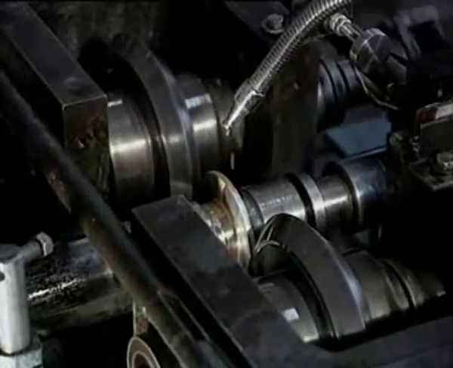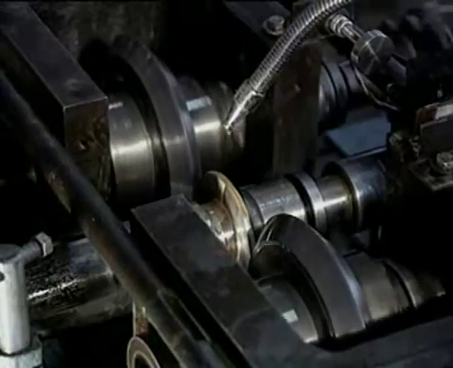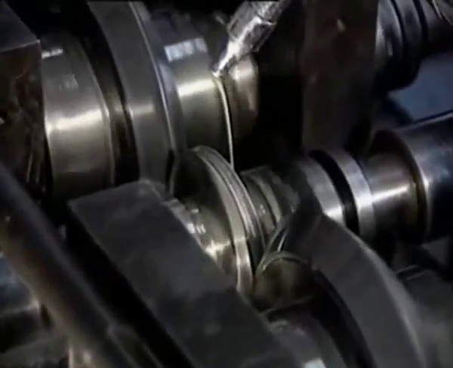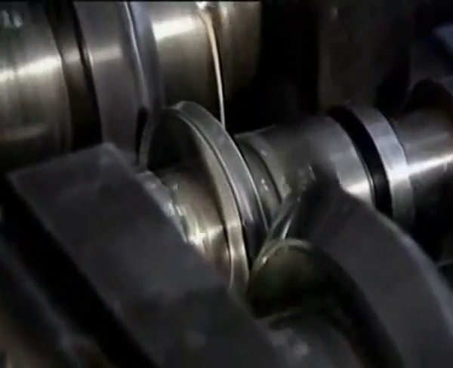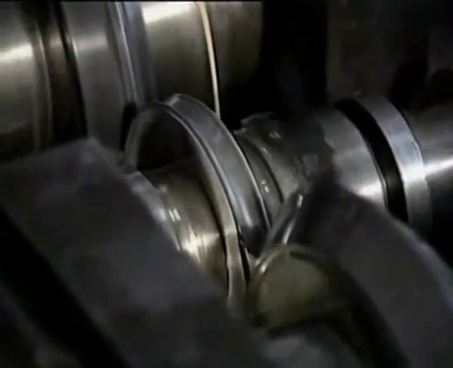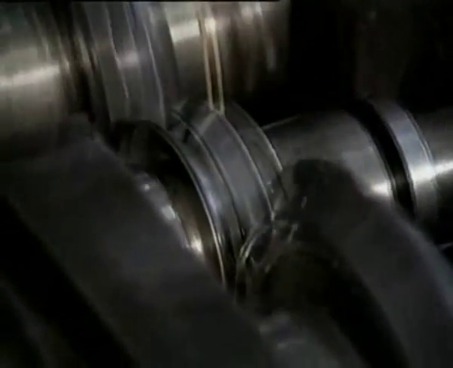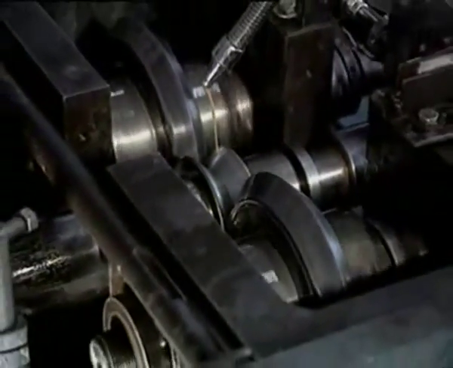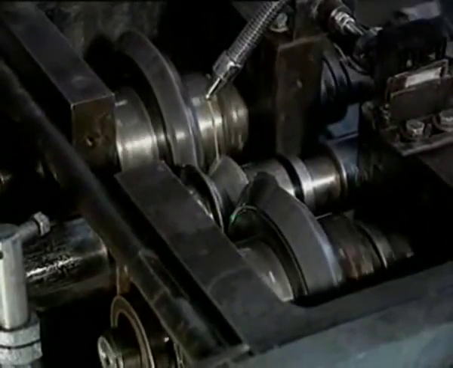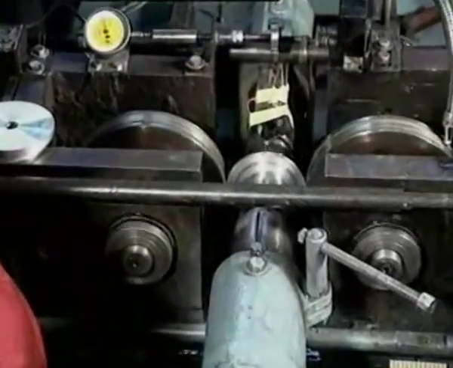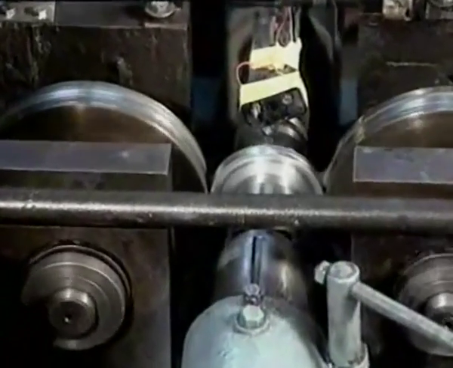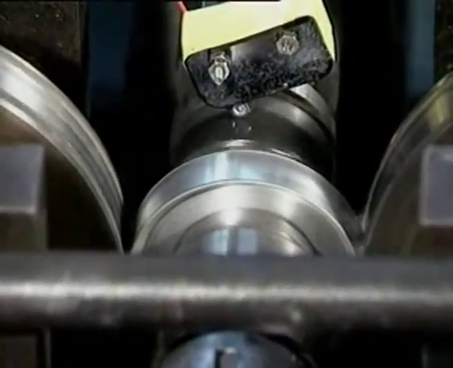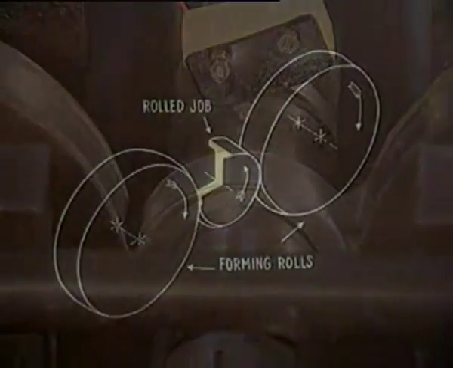In this process, the forming rolls are rotating in the same direction and the flow of material is either radial or along the axis of the job, which is also parallel to the axis of the forming rolls.